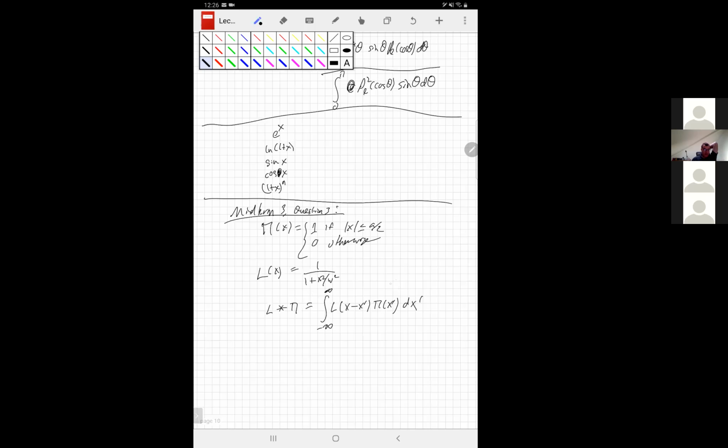But pi is only non-zero between plus and minus a over 2. So this must be equal to the integral from minus a over 2 to plus a over 2 of 1 over 1 plus x minus x prime squared over w squared.